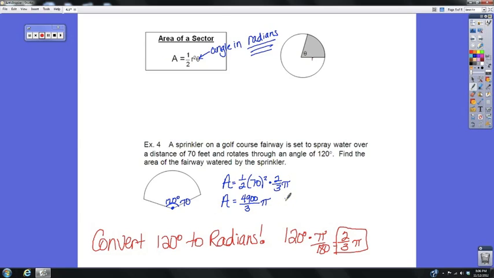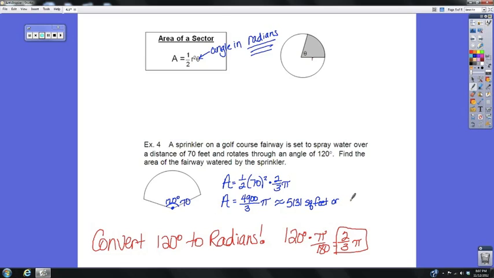Now if you tell me it's 4,900 over 3 pi square feet, that really wouldn't make a whole lot of sense to me. So go ahead and calculate that in your calculator. Punch the whole thing and tell me that that is approximately 5,131 square feet.